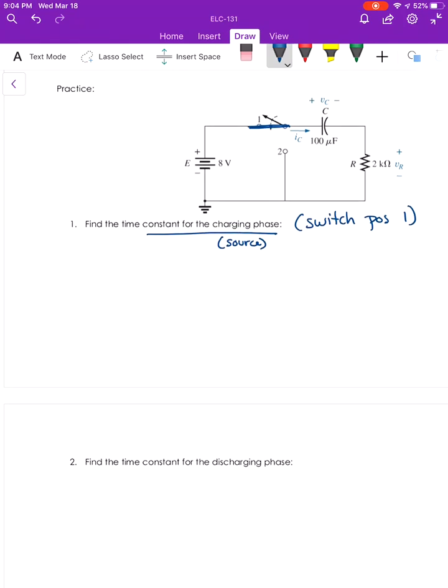The time constant for the charging phase, remember, is tau, the effective resistance times the capacitance. In this case, in switch position 1, all we have is that 2K ohm resistor times 100 microfarads. So that tells us that we have about 0.2 seconds as our time constant.